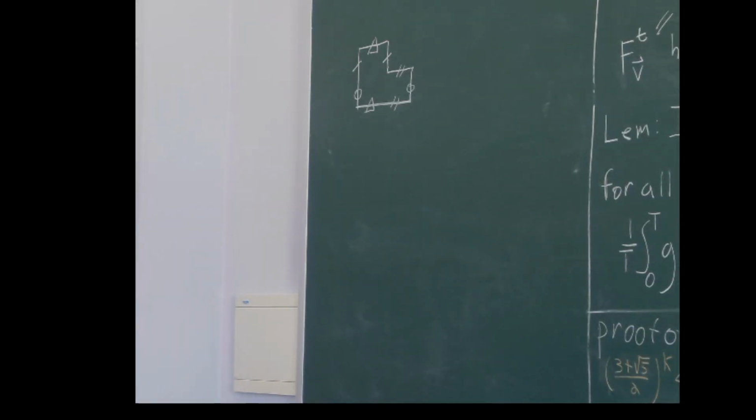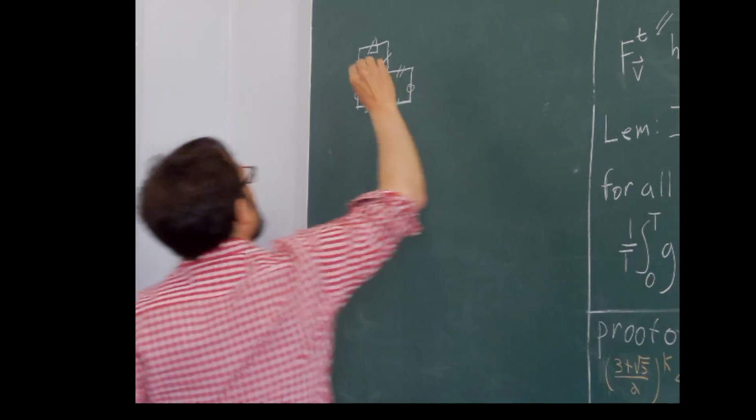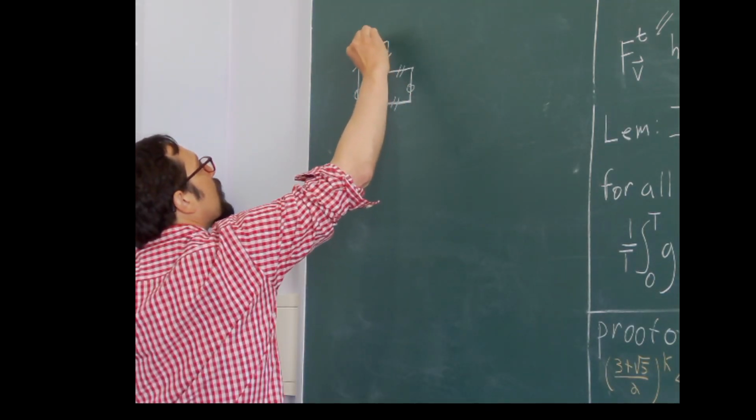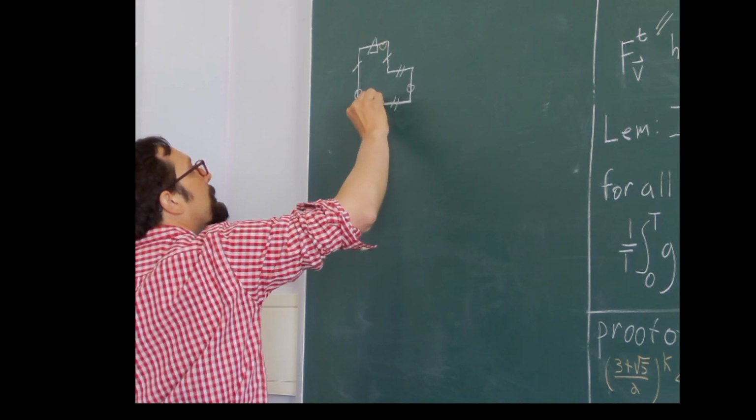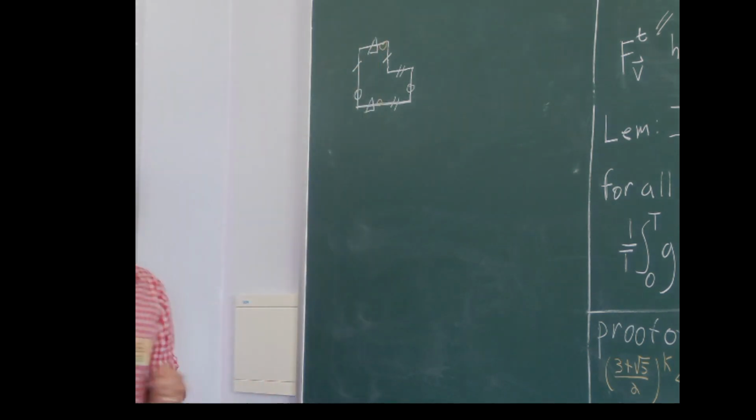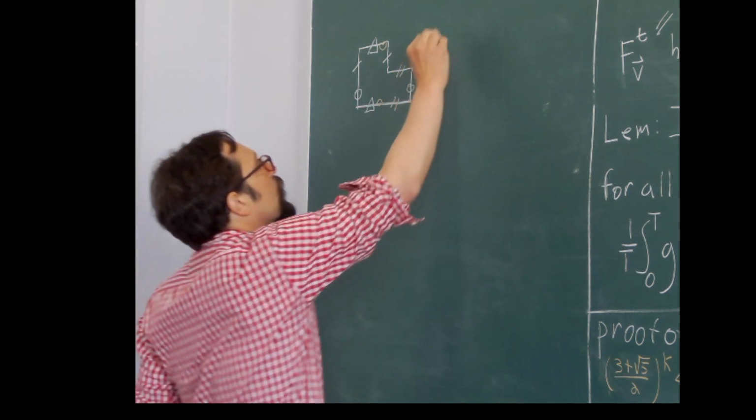Okay. So if I'm looking at a neighborhood of a point here, what does the neighborhood look like? It looks like this, because this point here is the same as this side. They're identified by parallel translation. Everybody happy about this? So this is an example of what's called a translation surface.